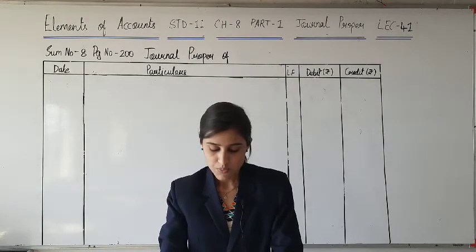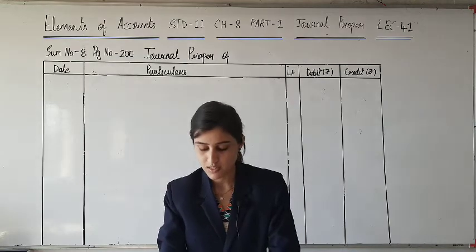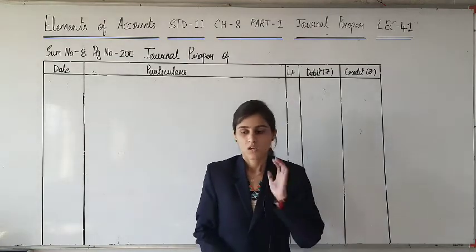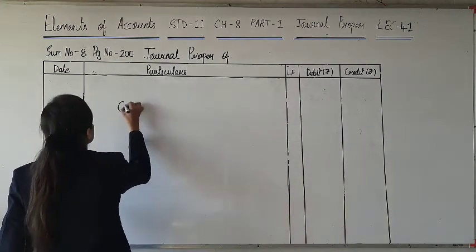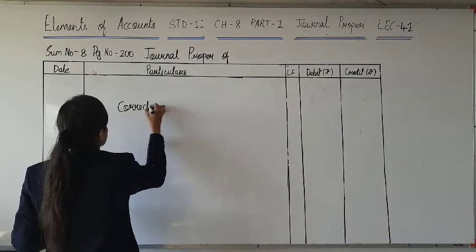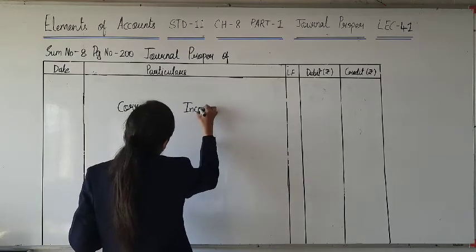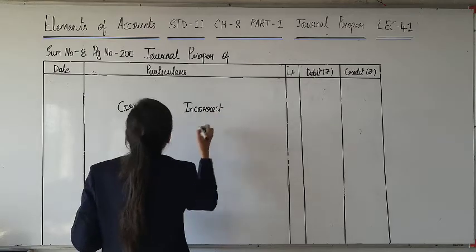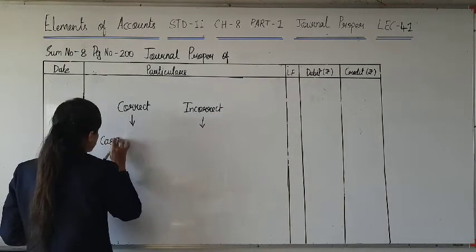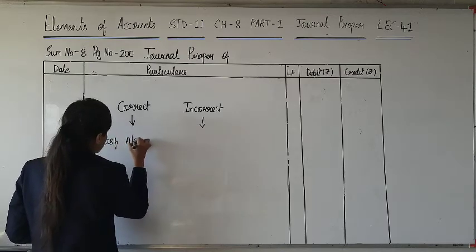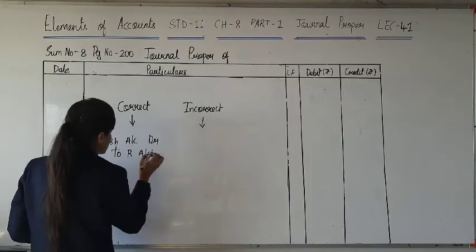First, rupees 700 received from Renuka is recorded in Bhumika's account. 700 is received from Renuka. What is the correct entry? Cash account debit to Renuka account.